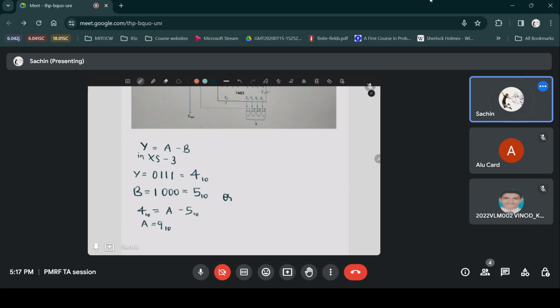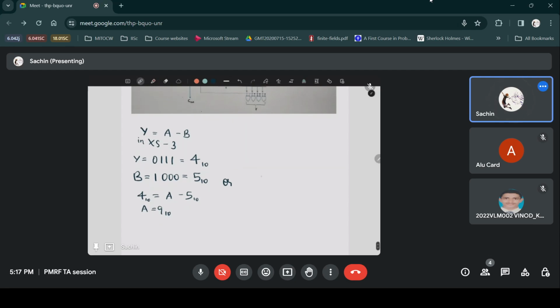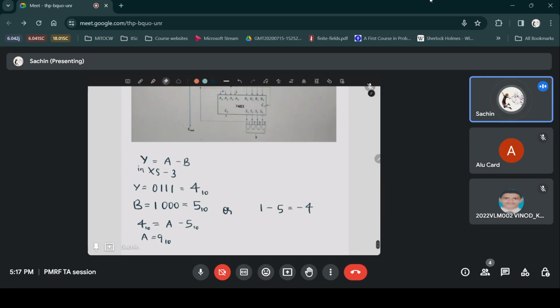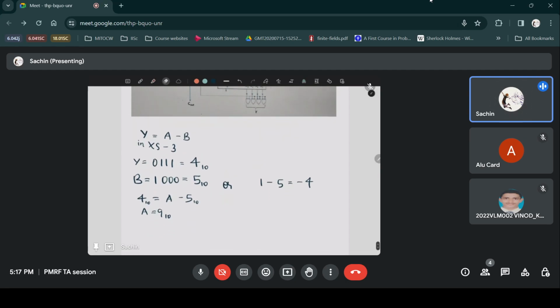Or in excess 3, you could get a negative number also. So 1 minus 5 is minus 4. So if Y is 4, A could have been 1 also.